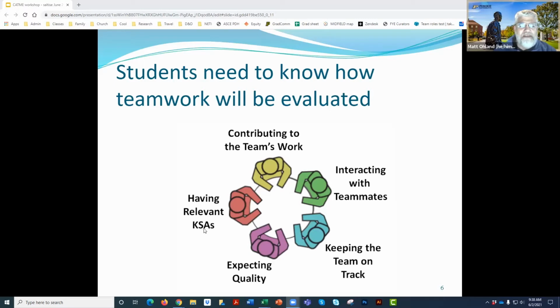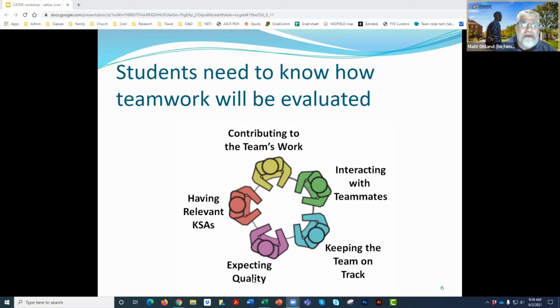Having relevant knowledge, skills, and abilities, which is what KSA stands for, is in students' words, don't be stupid, or at least don't act stupid. And then finally, expecting quality and keeping the team on track are more advanced skills that especially novice team members don't necessarily acknowledge readily, but they are important, and we keep them in the model to teach them.